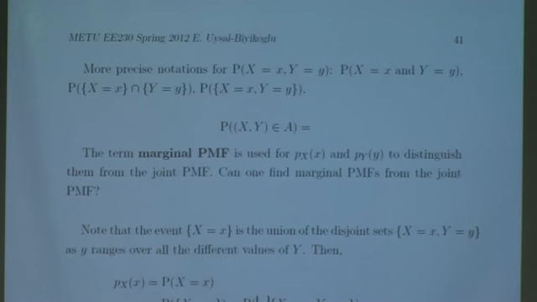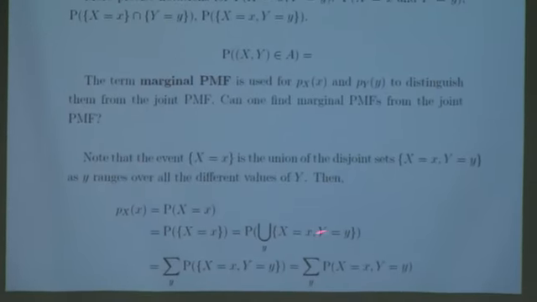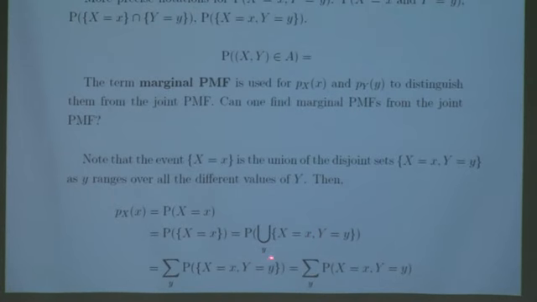Now, this can be computed by taking a union over all y of the events X equals x while Y is y, and computing the probability of this thing.